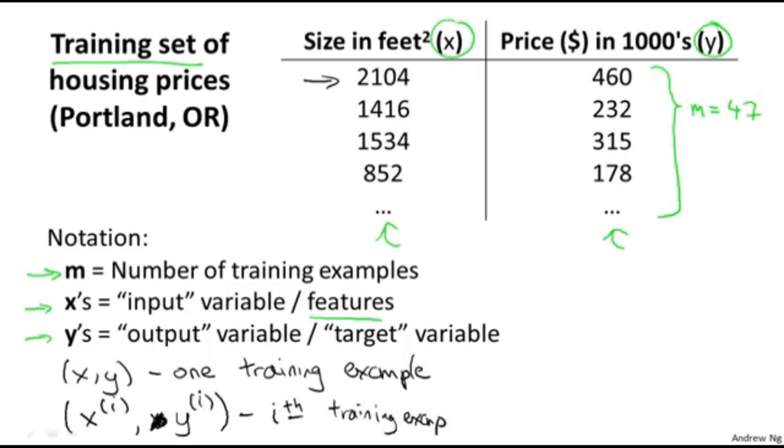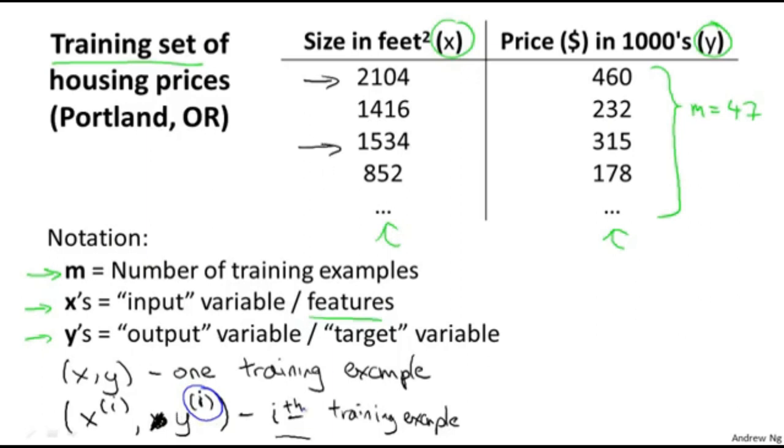So this superscript i is not exponentiation. This (x^(i), y^(i)), the superscript i in parentheses, is just an index into my training set, and it refers to the ith row in this table. So this is not x to the power of i, y to the power of i. Instead, (x^(i), y^(i)) just refers to the ith row of this table.